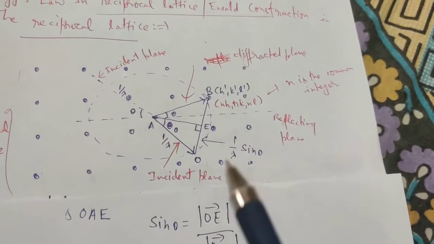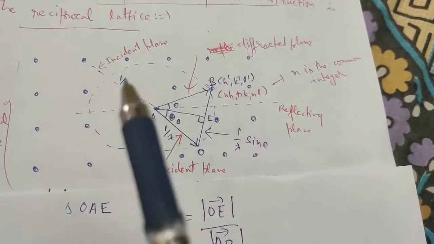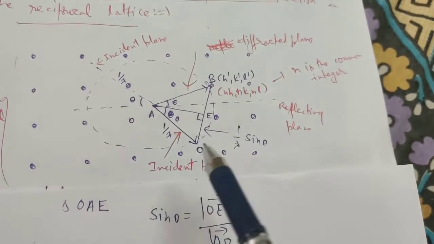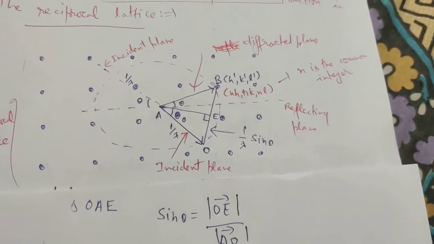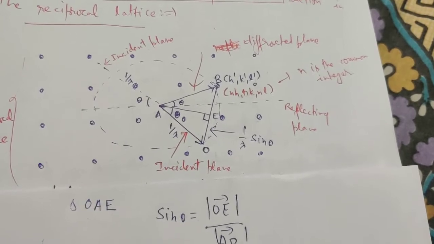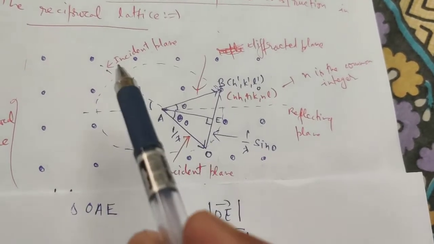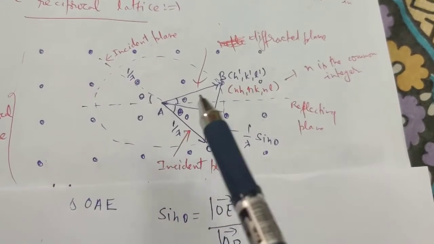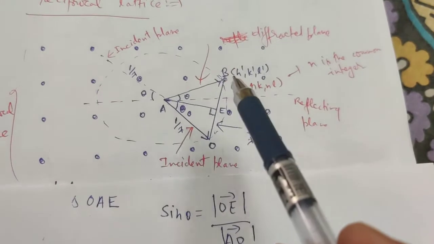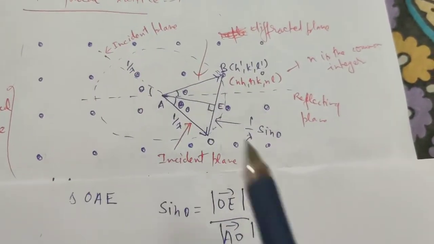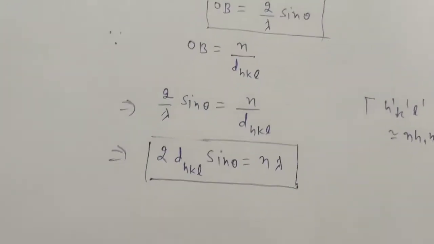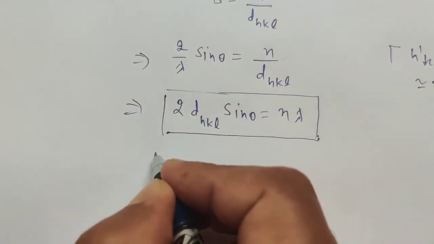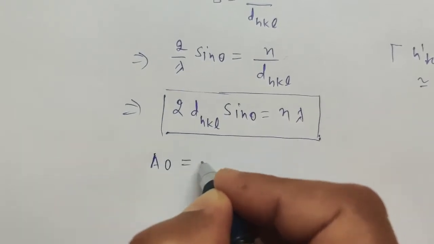Now let us consider a condition where this circle does not intersect any lattice point of your reciprocal lattice. Then the X-ray will not be diffracted. That means there will be no X-ray diffraction when this circle does not intersect any of the points of the reciprocal lattice. Here AO is equal to 1 upon lambda.